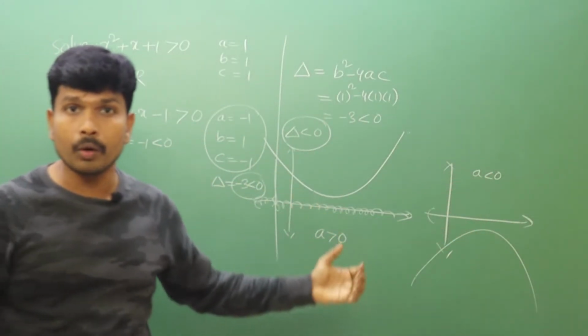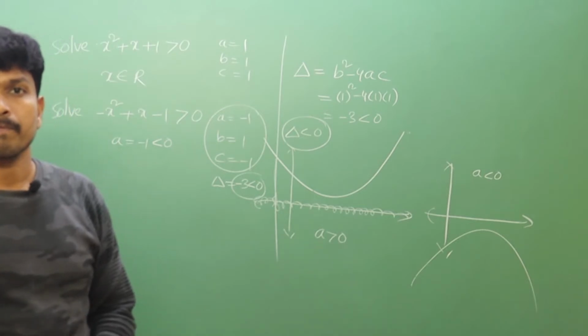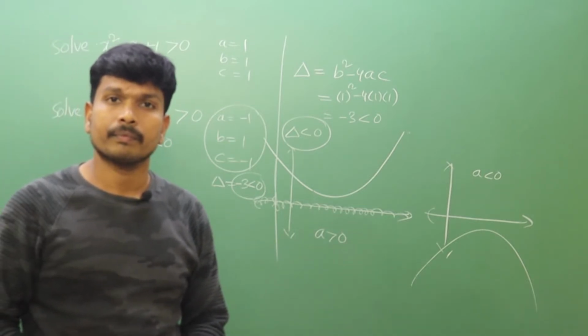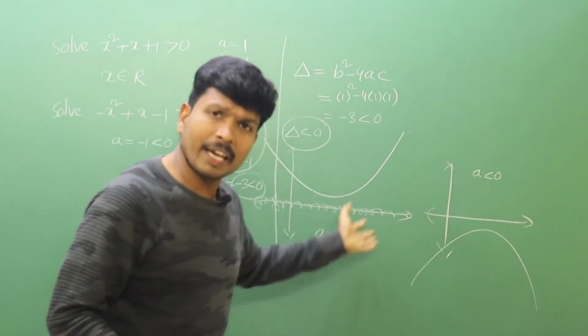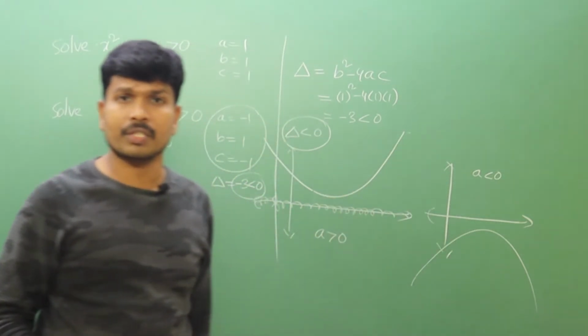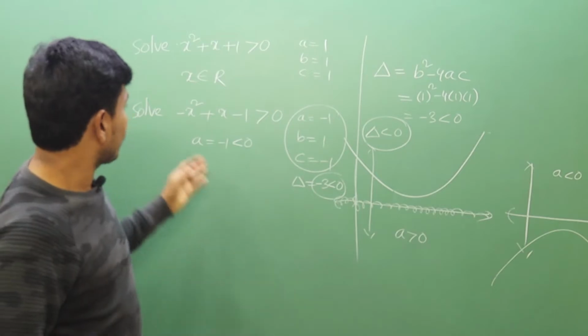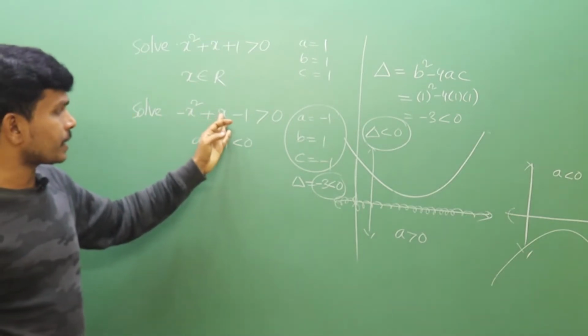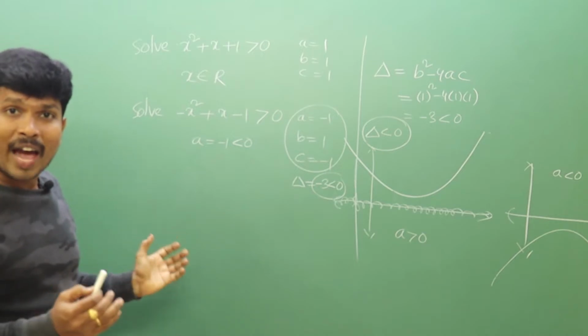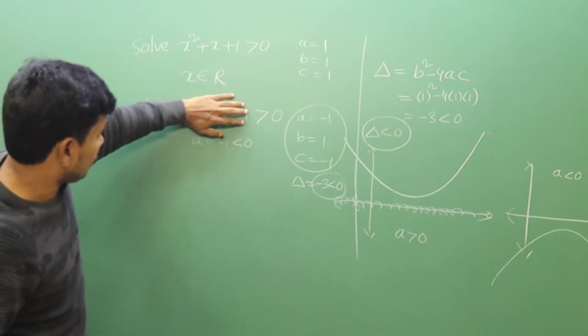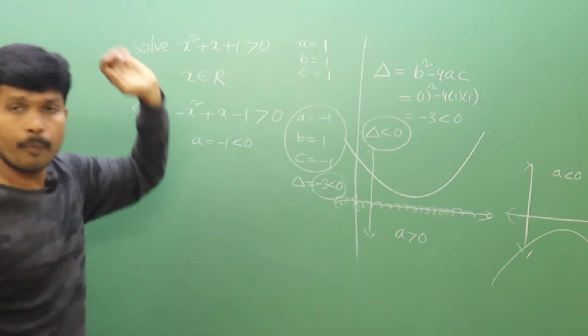Below the x-axis means for any value of x you give, the output is negative. Otherwise substitute 0, you get minus 1 less than 0. But we need the values of x for which the expression is positive.